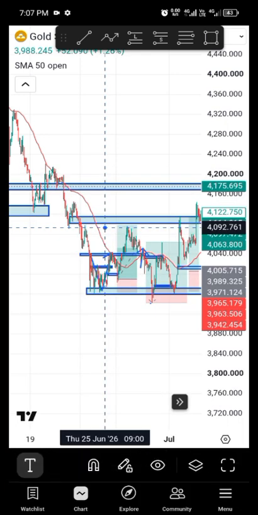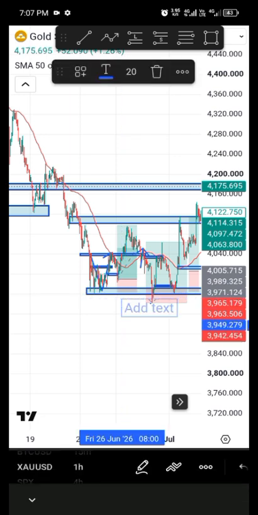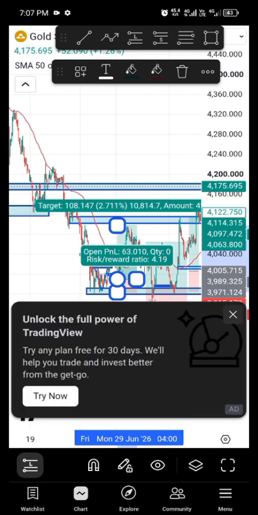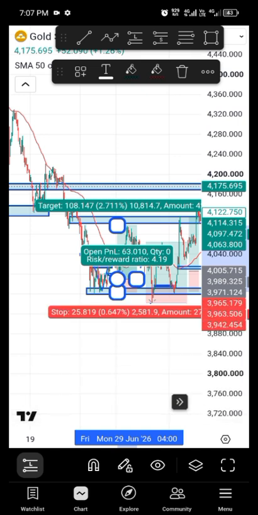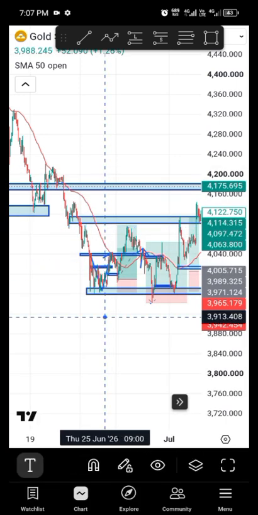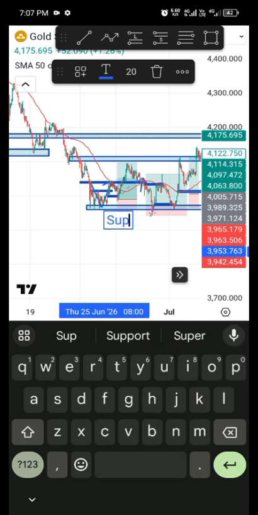So here is called support. This place is called support. This down place is called support. And the reverse is always the case.